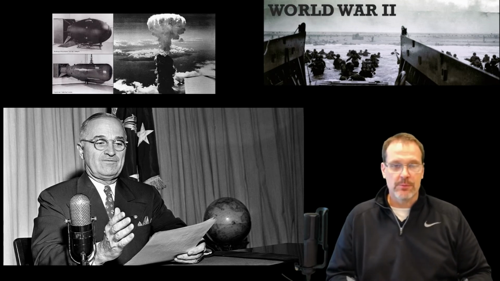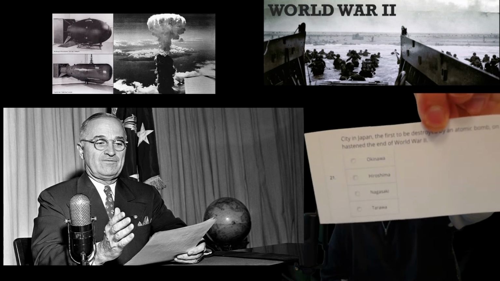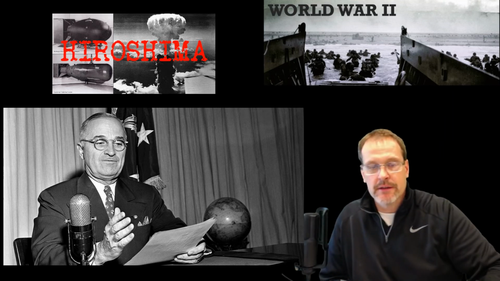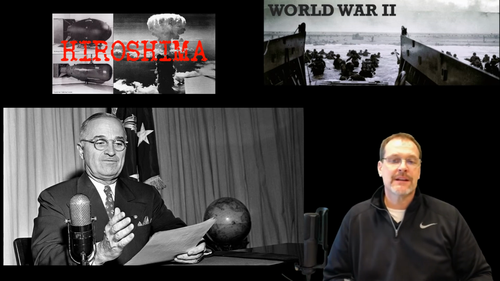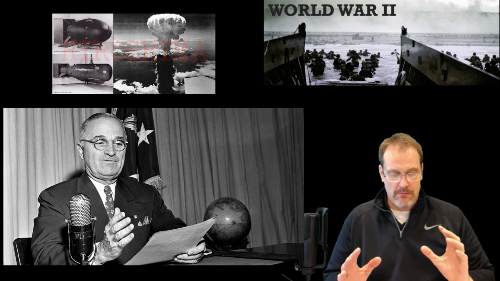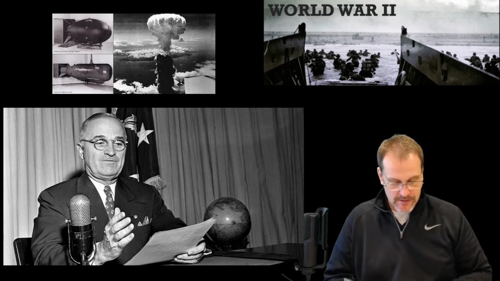The city that would be chosen for the use of the Little Boy would be Hiroshima. Hiroshima would be the target of the first atomic bombing. Why it was chosen, there's all kinds of reasons why you would choose a specific city. Maximum damage, military issues, structures, all kinds of things like that.